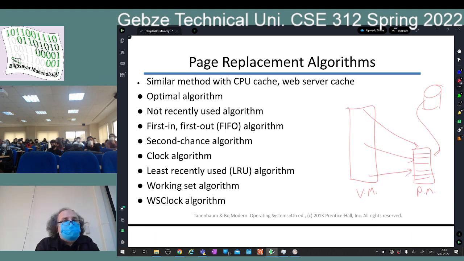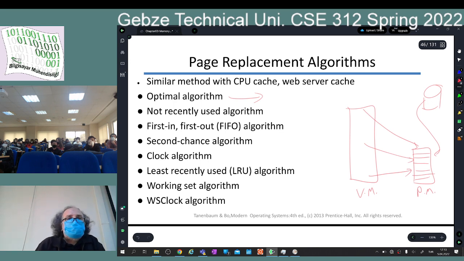There are many algorithms, and some of them, for example, this one is not implementable. It is optimal, it works perfectly, but it is not implementable because it says that I would run a simulation of the program. After running the simulation, I can make a decision. It is like running the whole program and later coming back to make the decisions. So this doesn't work in real life.